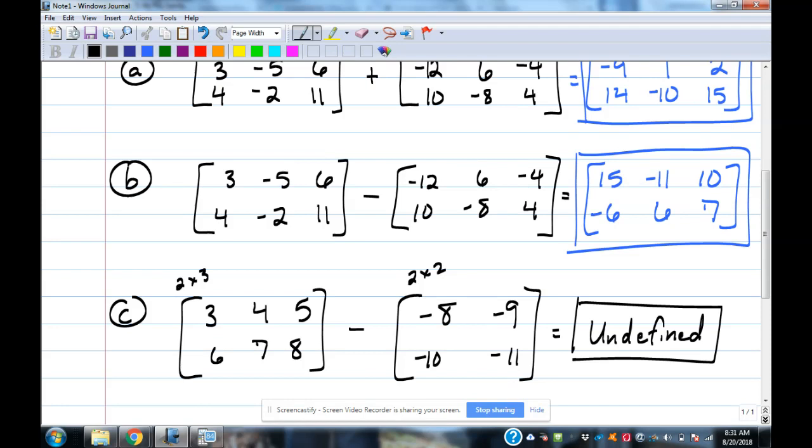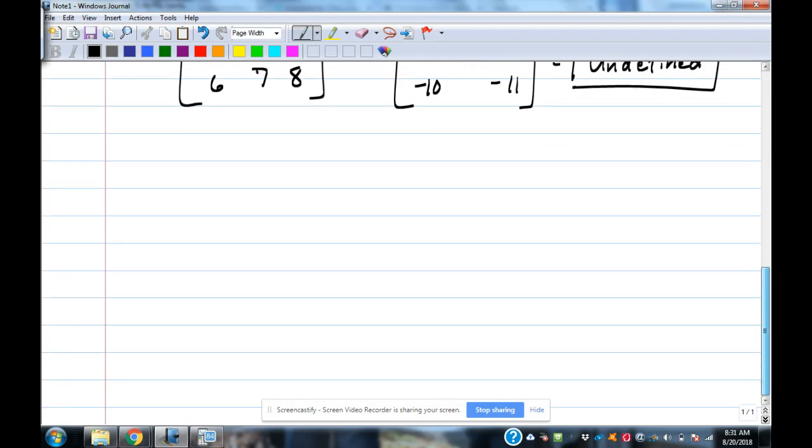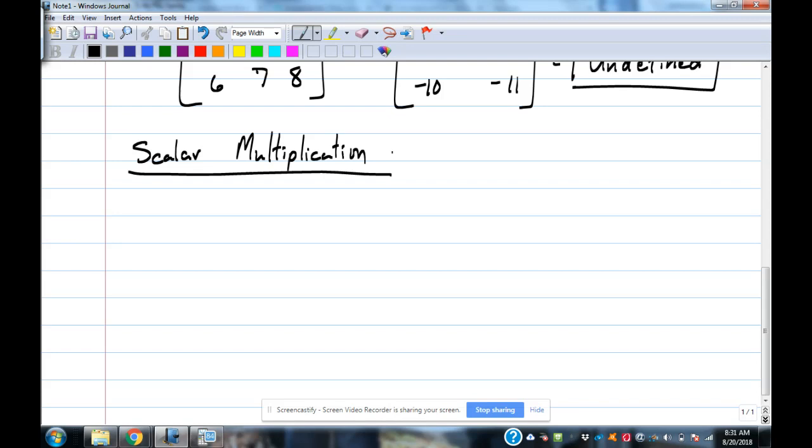Okay. All right. Let's go to the next easiest thing. Scalar multiplication. Scalar multiplication, it's not distributive property, but it works a whole lot like it.